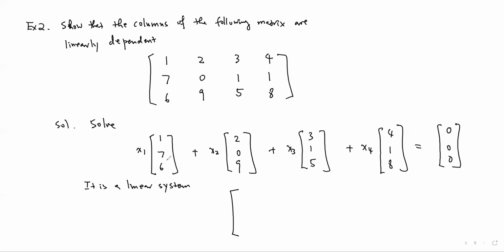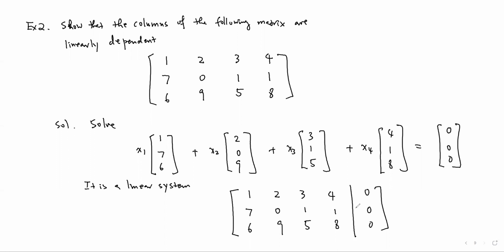First column, coefficients of the unknown x1: 1, 7, 6. Second column, coefficients of x2. Third column, and then the right-hand side 0, 0, 0. So this linear system is a homogeneous linear system. Now solve this linear system and see whether or not it has a non-zero solution.